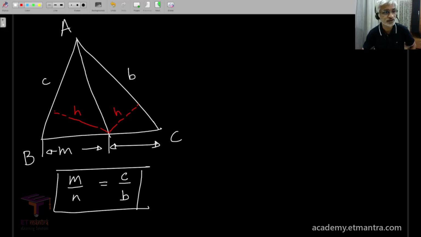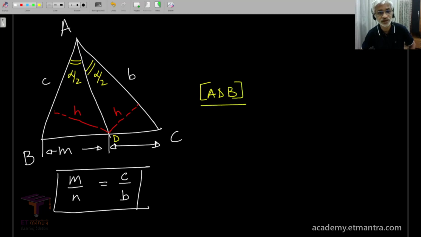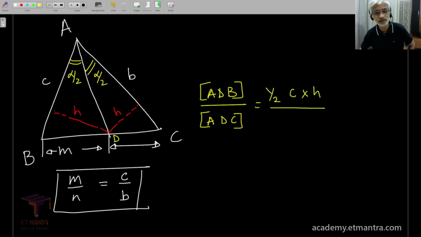That is because this is an equal angle, and since the h are same, we can say that the ratio of the areas, so let's call this point D, area of ADB divided by the area of ADC will be equal to half C into H divided by half B into H, because these H's are equal. So we have got this is equal to C by B.